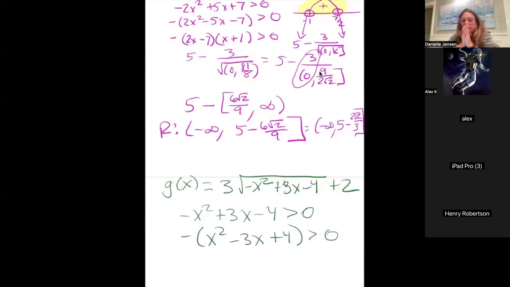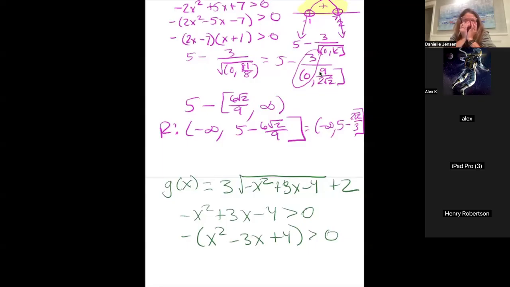And what do we think? Is it factorable? I guess that's my first question. No. Sadly, it looks like it should be, right?